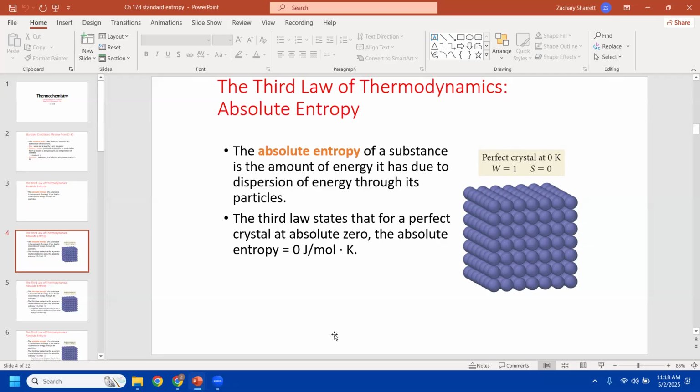So basically, at absolute 0, what does that mean, Jessica? 0 Kelvin, negative 273.15 degrees Celsius. Has that temperature ever been achieved on Earth? No, it has not. Okay.